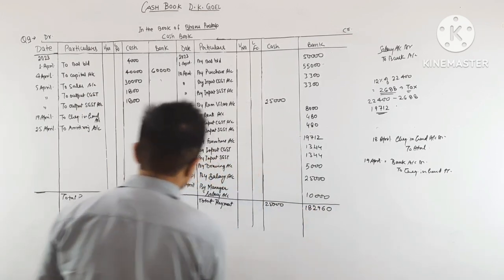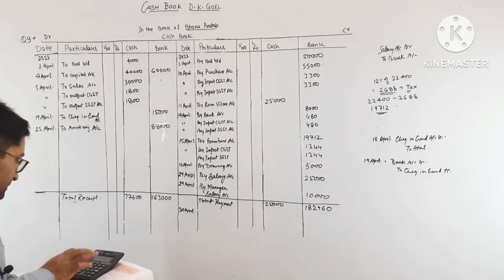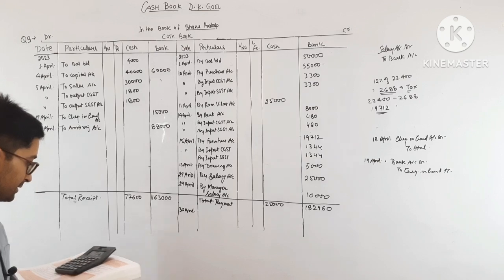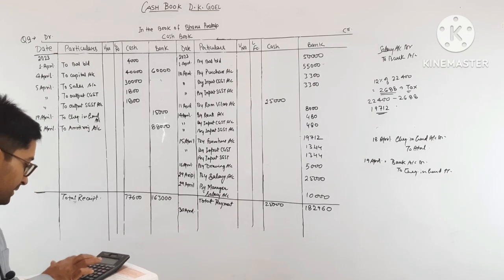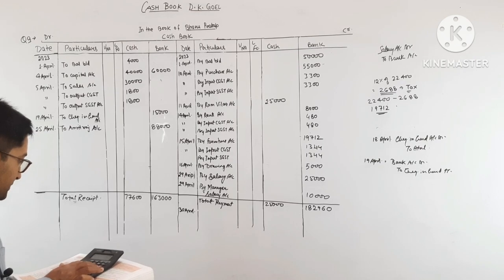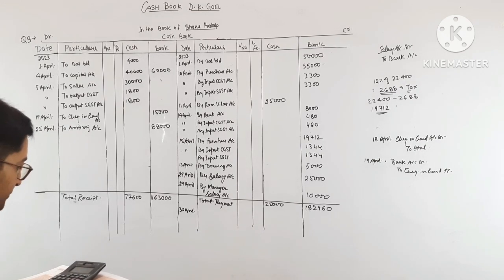So 77,600 minus 25,000, oh sorry, 75,... 52,600.